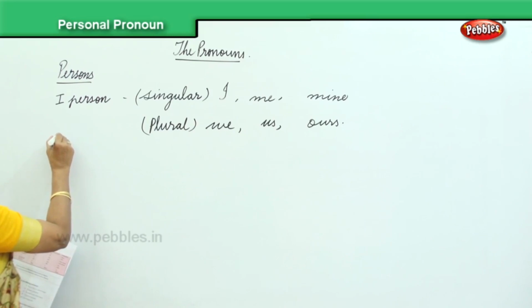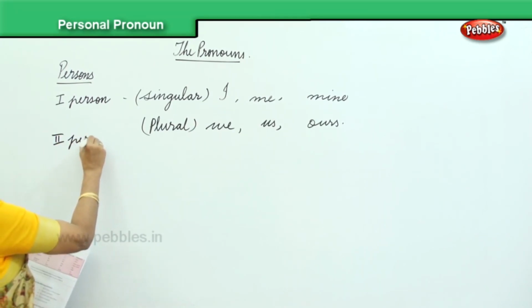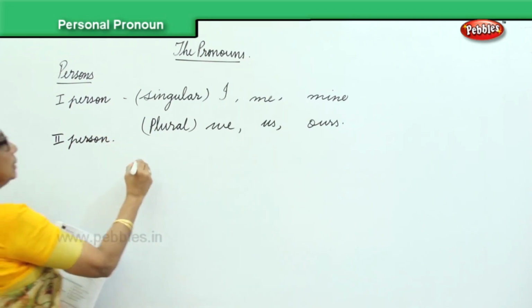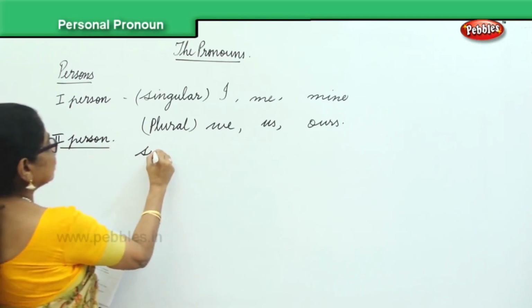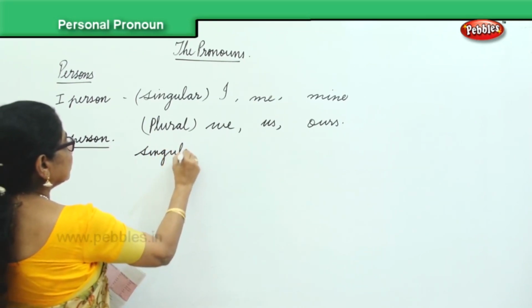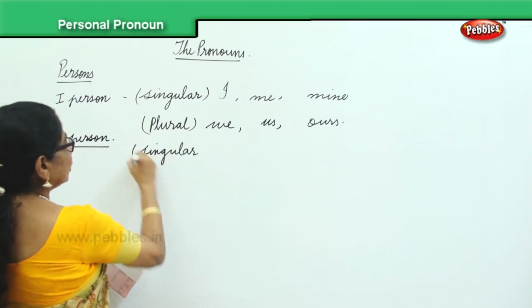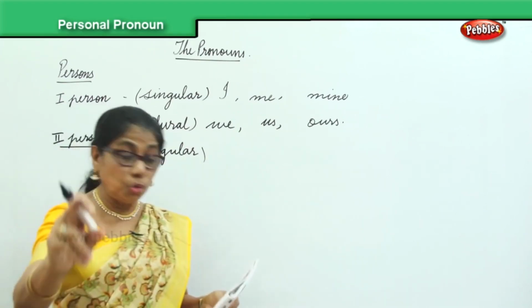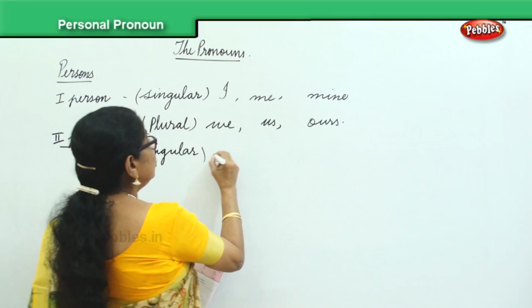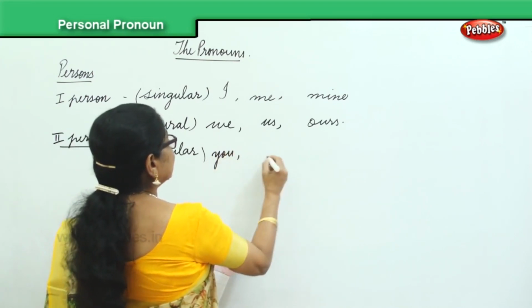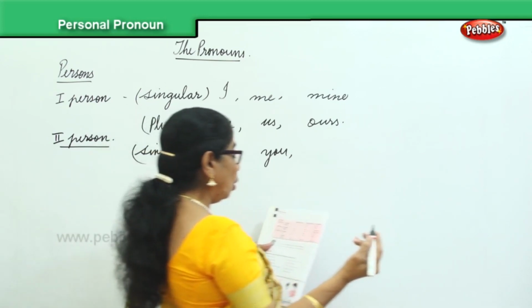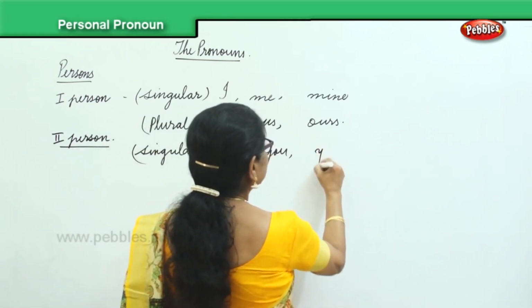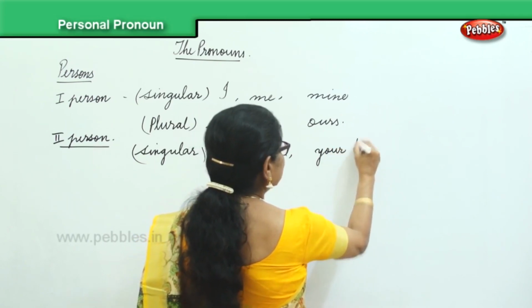And in the second person singular, we say you, for you, or you can say your, yours.